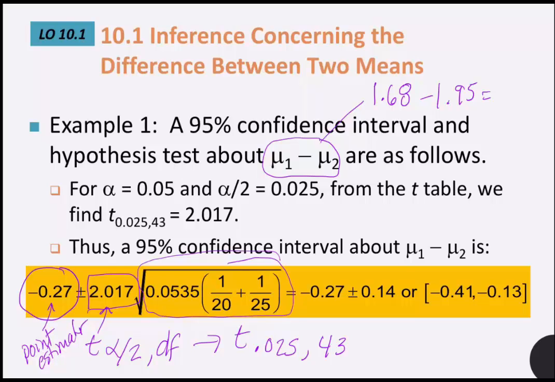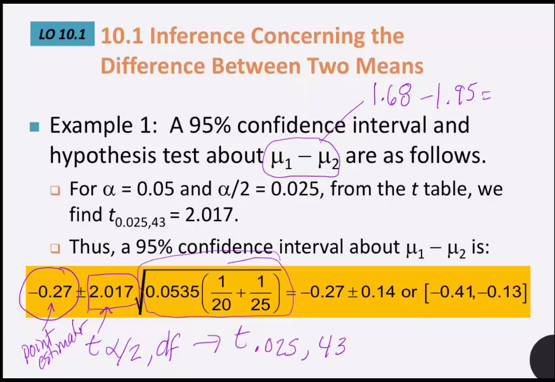What that means is the original hypothesis that mu1 is equal to mu2, that's the null. We are going to reject the null because we know that mu1 does not actually equal mu2. In fact, they are different. The interval doesn't include 0.